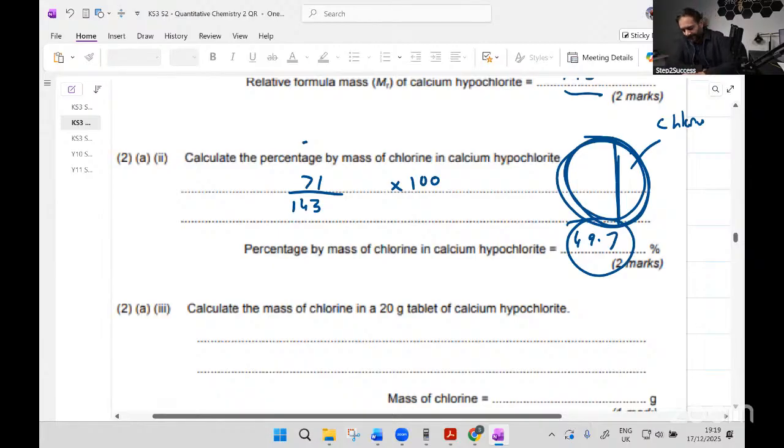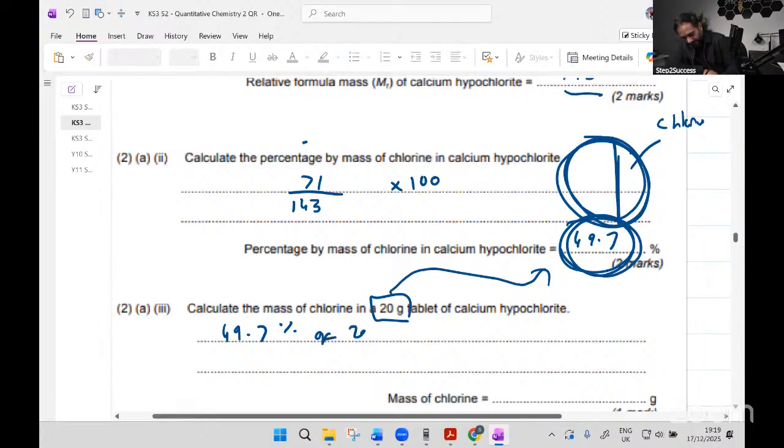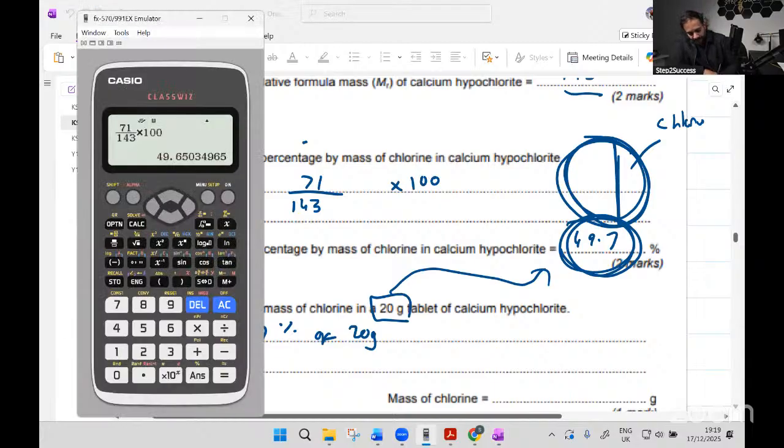Now, what we're saying is that one of these actually weighs 20 grams. So this percentage still applies. When it says calculate the mass of chlorine in a 20-gram tablet, you're working out 49.7% of 20 grams.